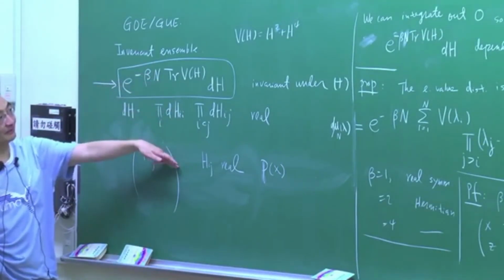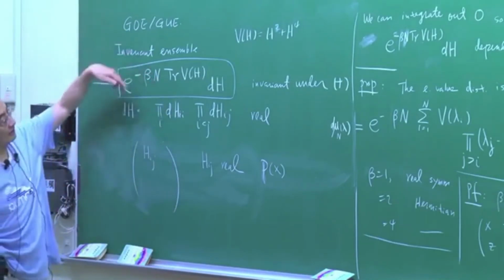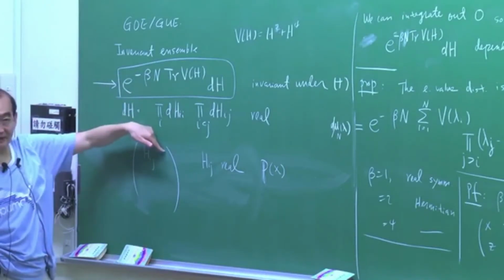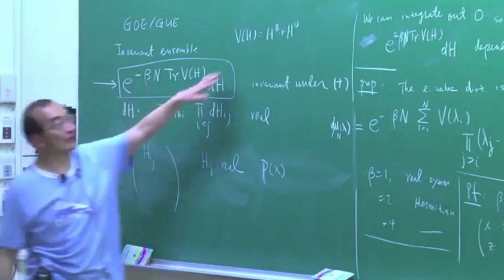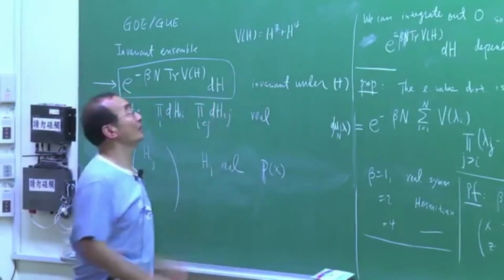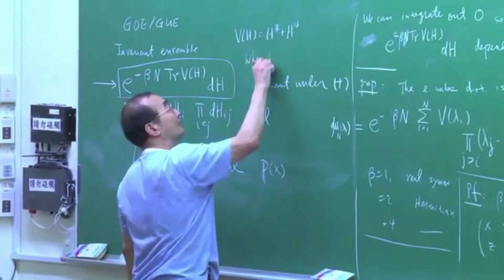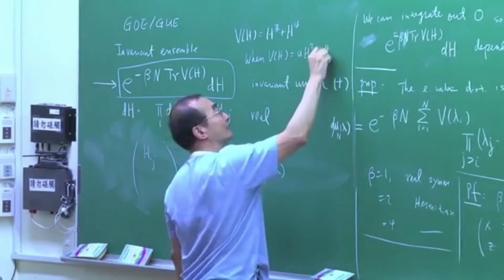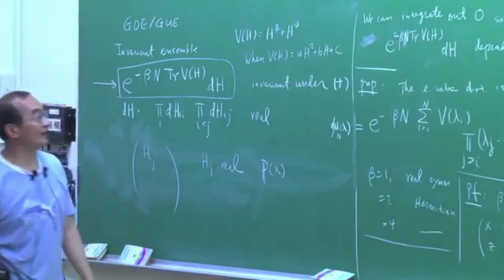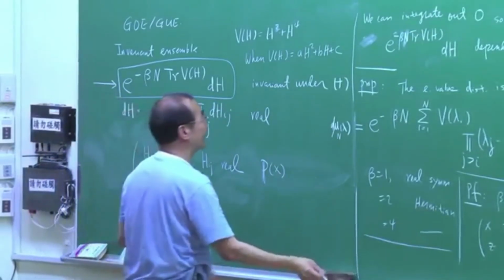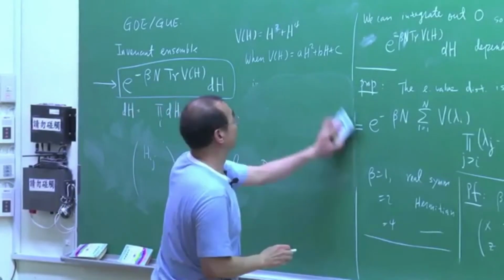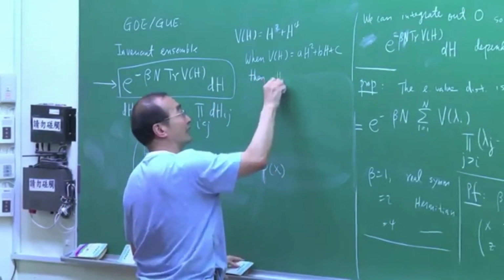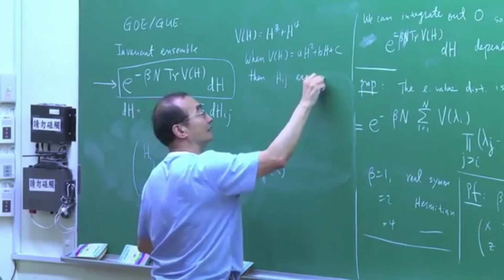The only time that a measure can be written in this way and the individual matrix elements are independent is when V of H is quadratic. When V of H is aH squared plus bH plus c, then the matrix elements Hij are independent.